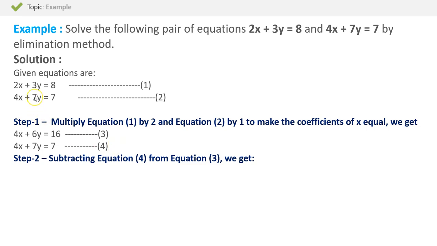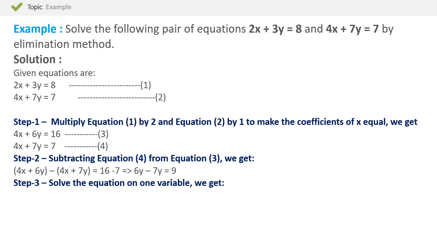You can directly use equations 2 and 3. Now subtract equation 2 from equation 3. What you get is 4x plus 6y minus 4x plus 7y equal to 16 minus 7, which then gives you 6y minus 7y equal to 9.